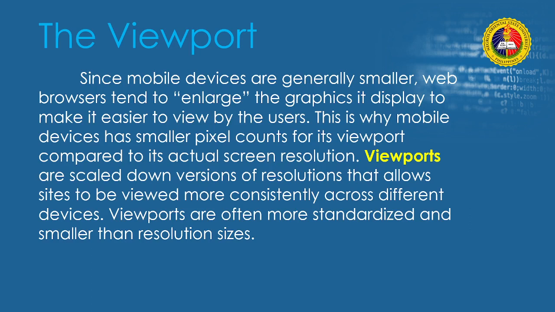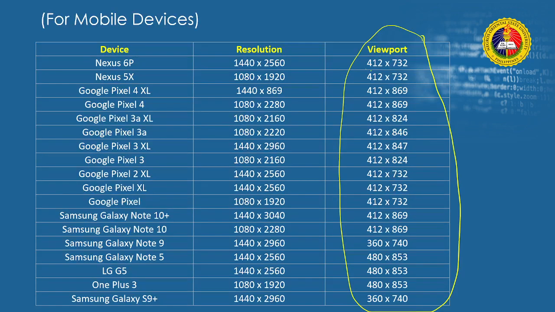Since our phone, right? Let's say for example, our phone here is a Google Pixel 4, okay? 1080 by 2280. So if we're going to really check the resolution, it's very high. But mobile devices are much smaller. They're very small.